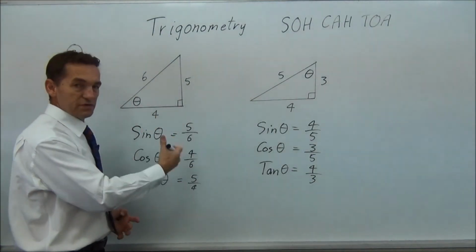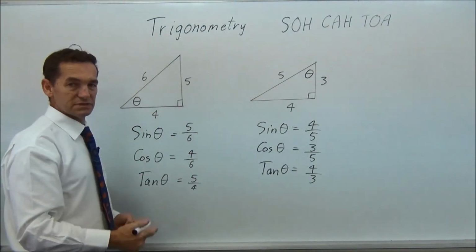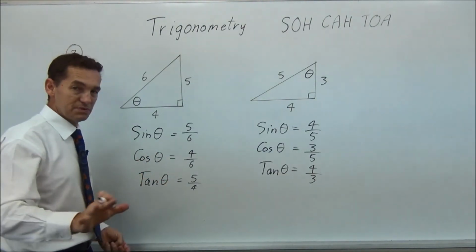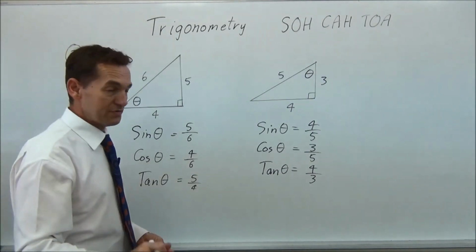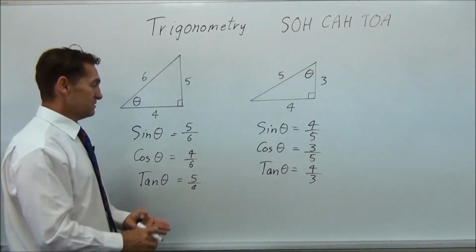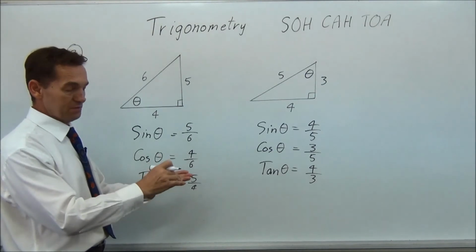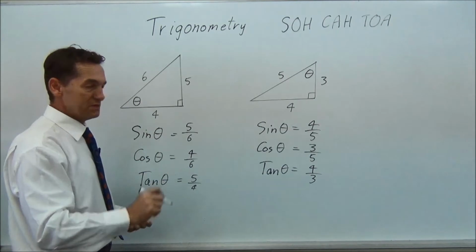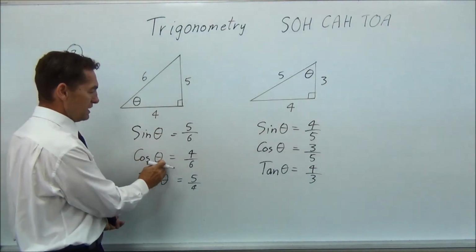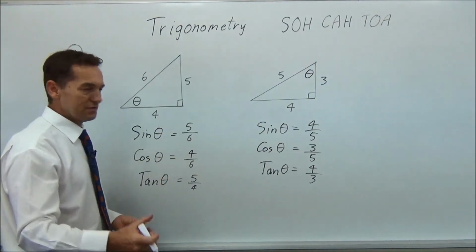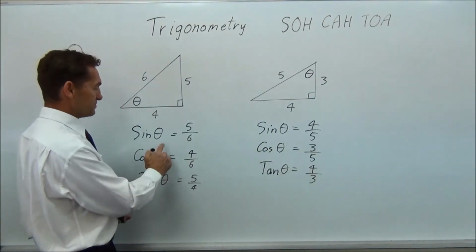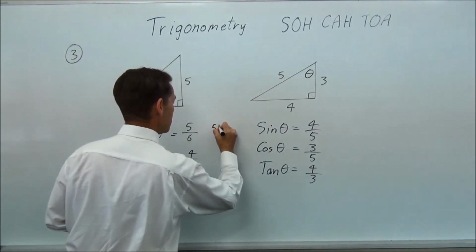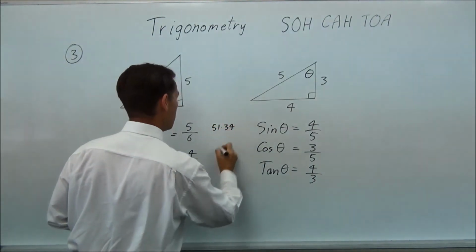Once you've done that, and you've done it a few times, the next thing they do is they say, find out what the angle is, and you get to press buttons on your calculator. Now it depends on what your calculator is and what the functions are, but most of the time it's usually shift, sine, the fraction, press the equals button, and then you usually press the degrees, minutes, seconds. So if you press this for this, you're going to get 51.34.